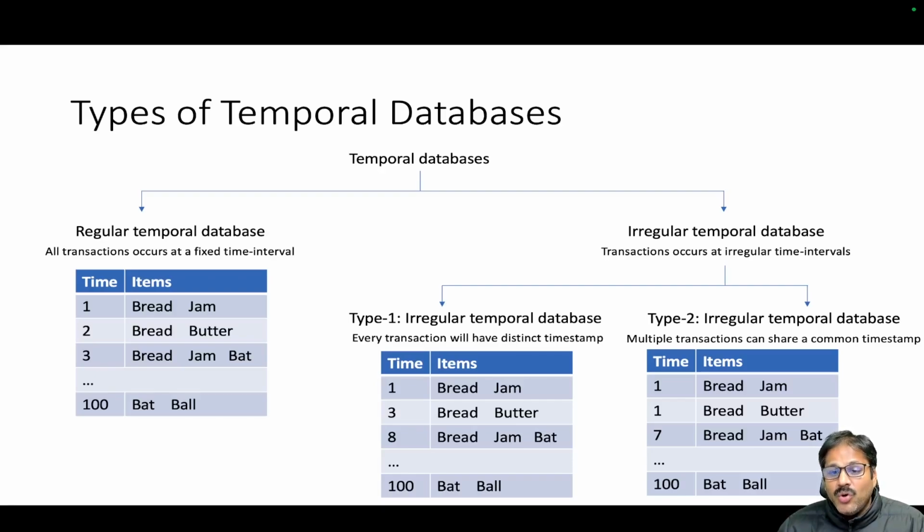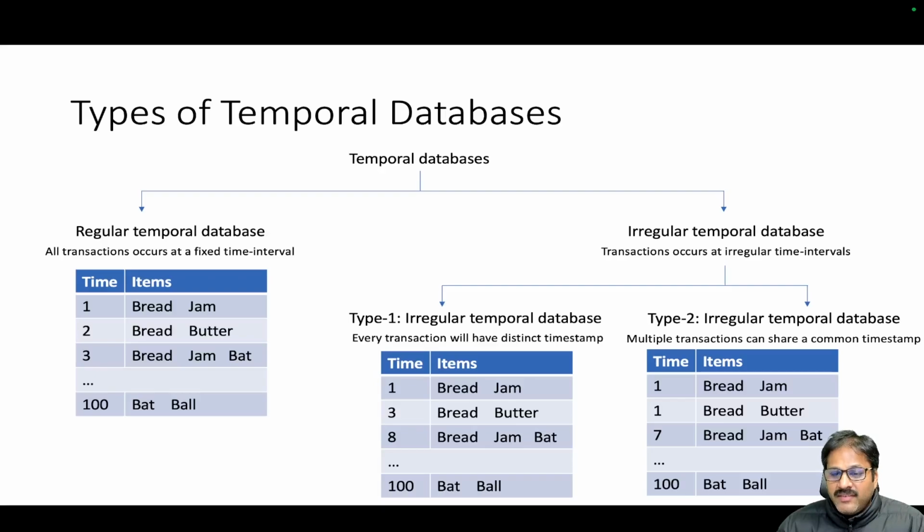In type 2 irregular temporal databases, multiple transactions can appear at the same timestamp. For example, at the same timestamp, bread jam, bread butter have appeared. These types of databases are very common when we are collecting Twitter datasets or e-commerce datasets, because Amazon and Rakuten collect vast amounts of data every second.